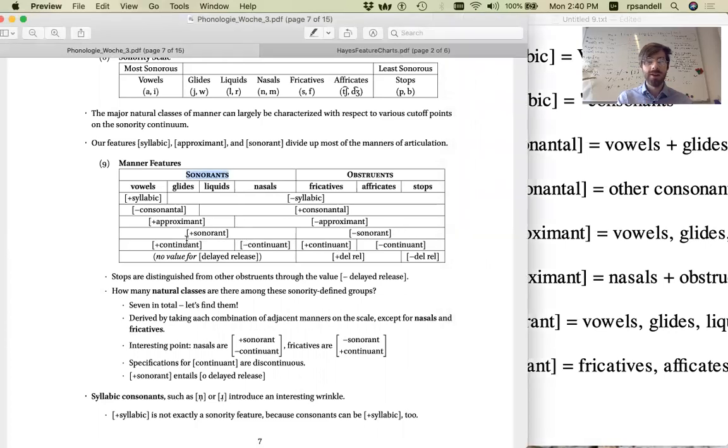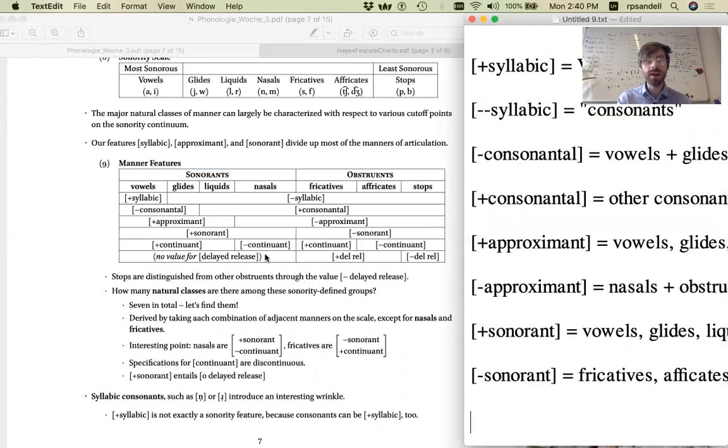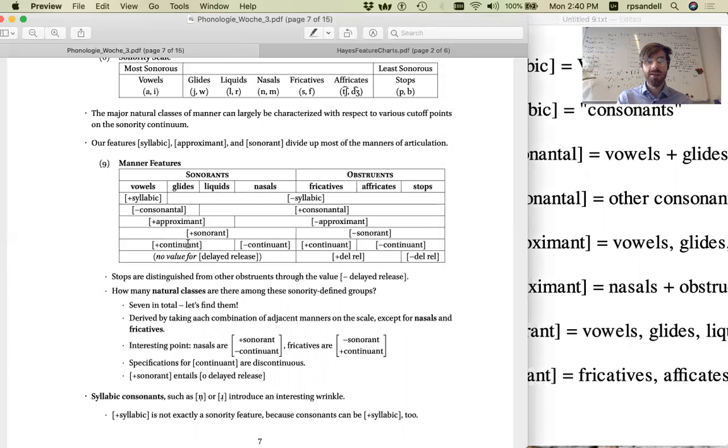If we go below the sonorant level, now we have an interesting problem. Namely, we have a sort of discontinuity here, in that the feature plus continuant defines all of the sonorants with the exception of the nasals, because nasals cannot be defined as continuant precisely because they have oral closure, whereas fricatives are plus continuant.